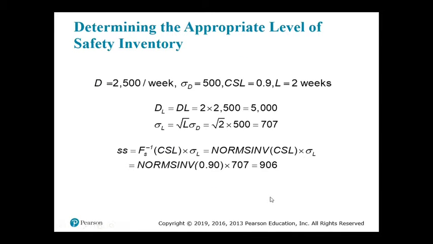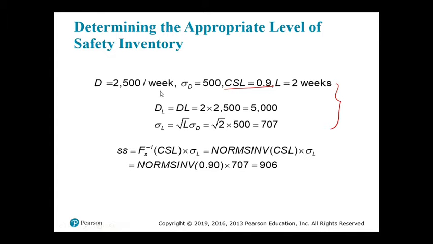Okay, so inputting this process to our example, this is our input, which is pretty much the same as what we had before, except that now we have a desired service level requirement. So we would like to guarantee service level to be 90%.